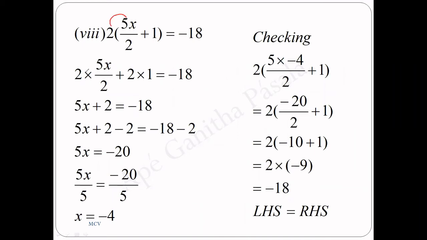So 2 multiplied by 5x over 2, plus 2 multiplied by 1, equals minus 18. Okay. Now this is in the numerator. If you want, you can think of the denominator as 1.